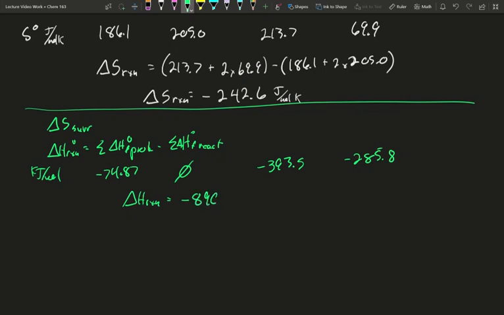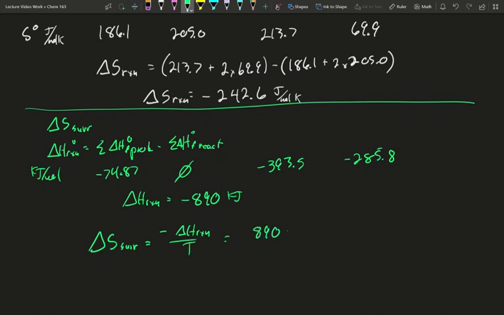Well, the delta S of our surroundings is equal to the negative delta H of reaction divided by the temperature. Turn this into joules. Negative and negative will be a positive. So negative of negative 890 kilojoules will be positive 890.